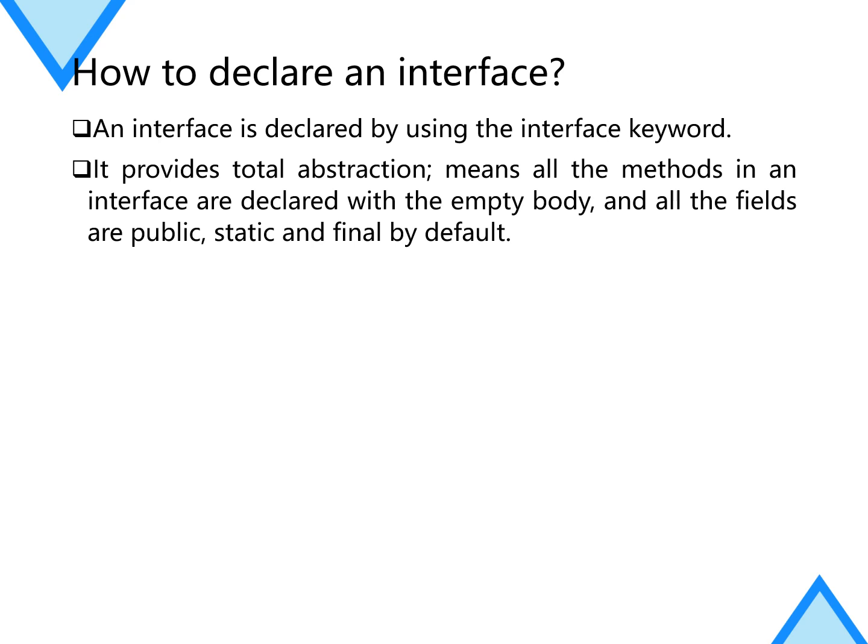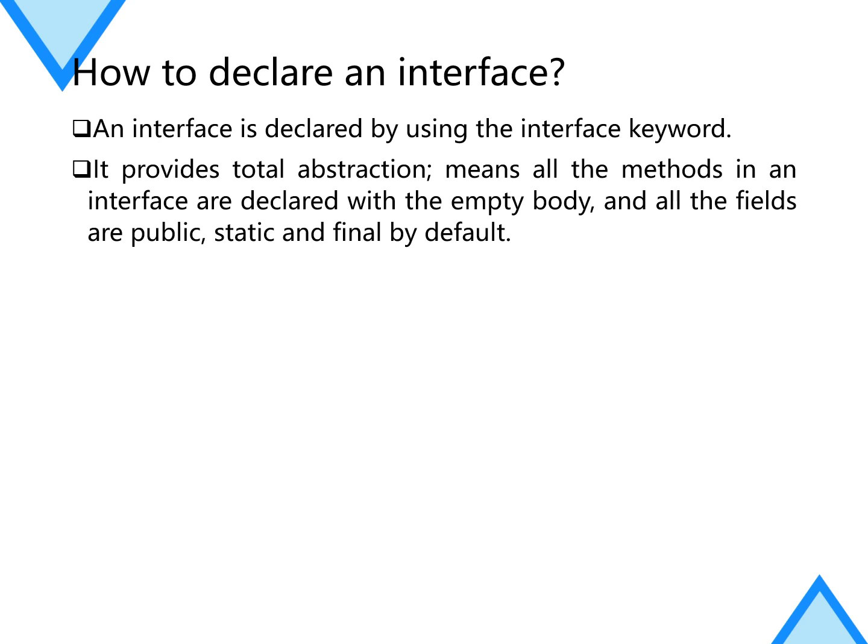Through abstract classes we can implement abstraction from 0 to 100%, but through interfaces we can implement abstraction 100%. It provides total abstraction, meaning all the methods in an interface are declared with an empty body and all the fields are public, static and final by default.